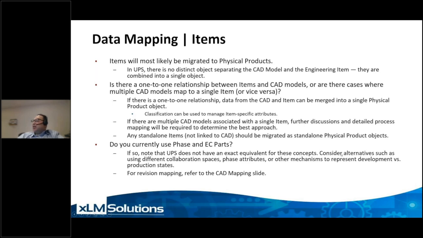And if you're using them, then we should discuss alternatives, such as maybe putting development parts in one collaborative space and production parts in another collaborative space, having a phase attribute, or other mechanisms to represent the development versus production states. And then again, the same type of rules for revision mappings that I mentioned on the CAD slide apply for item mappings as well.